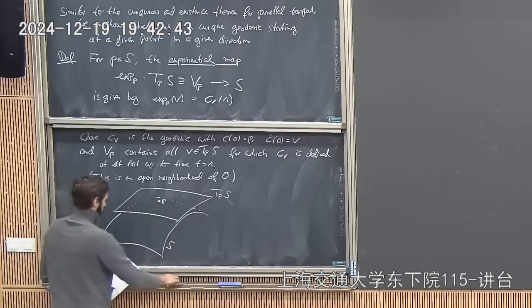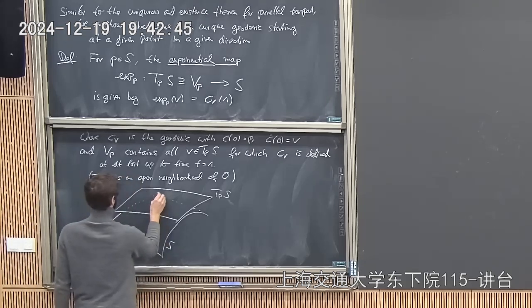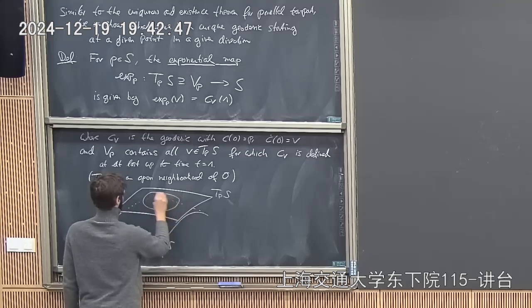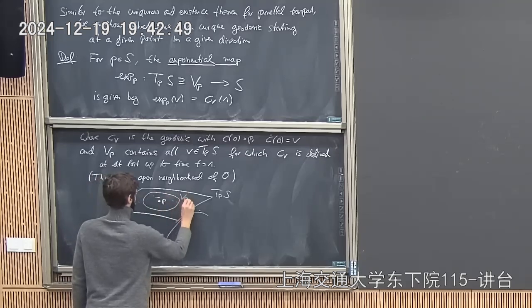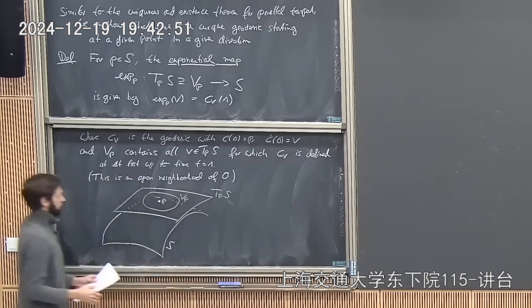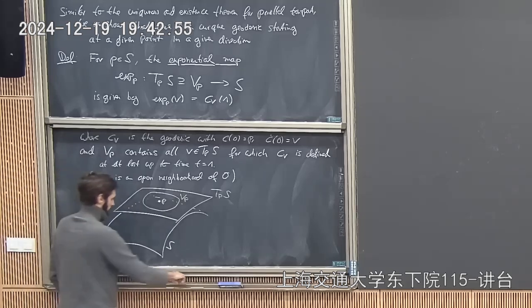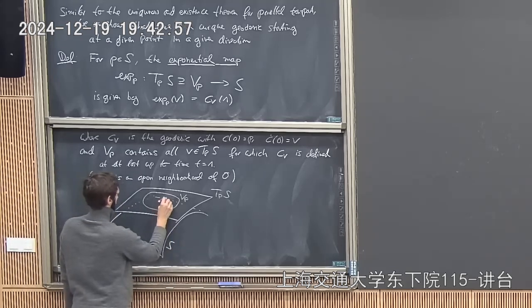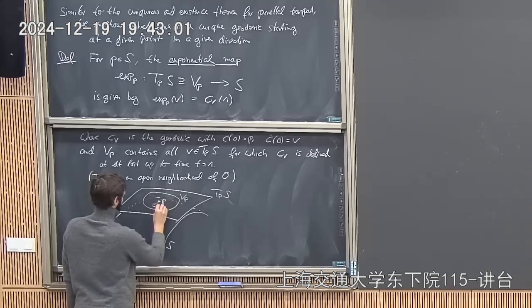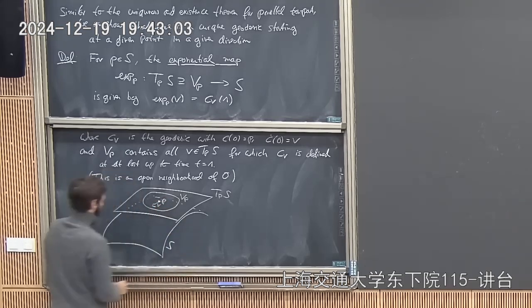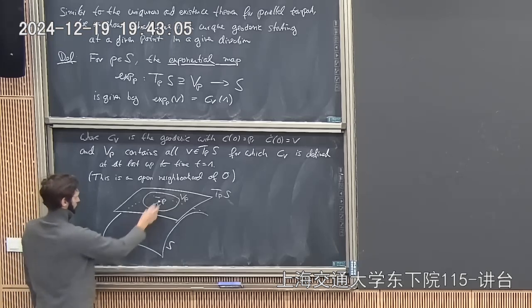Then in that plane, we have this subset V of P that gives us vectors. So we have here, let's say, our V, and then we project it down to the surface.